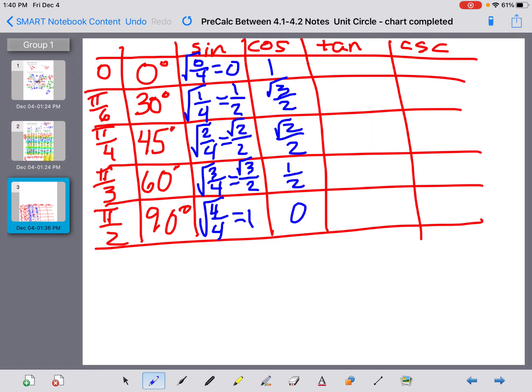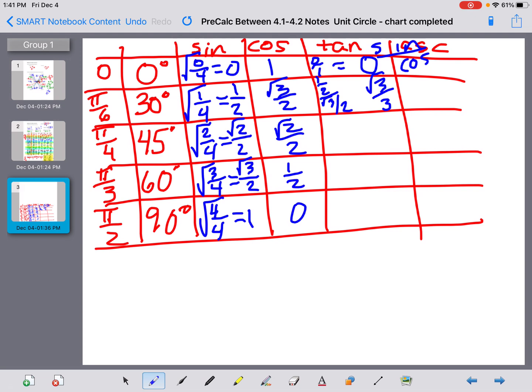Now to do tangent, it's still important to remember that it is sine over cosine, okay? Remember that. So my first column over my second, so 0 over 1. Well, that equals 0. When I do 1/2 over radical 3 over 2, okay? If you remember any of the rationalizing rules, we flip the second one, the 2's cancel, we get 1 over radical 3. I have to rationalize it. I'm going to end up with radical 3 over 3.